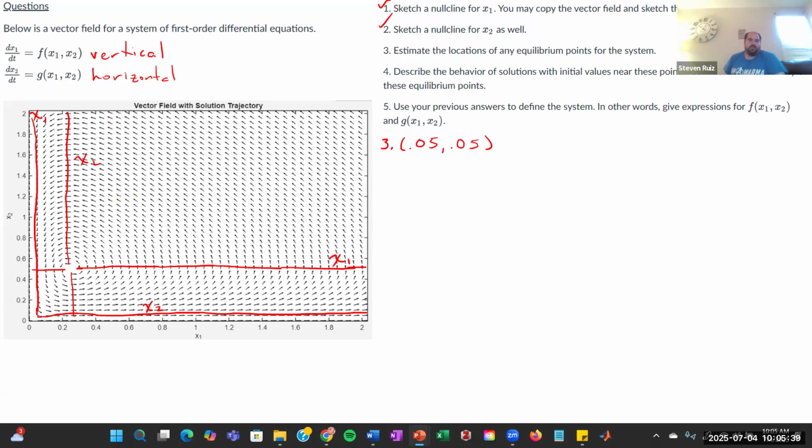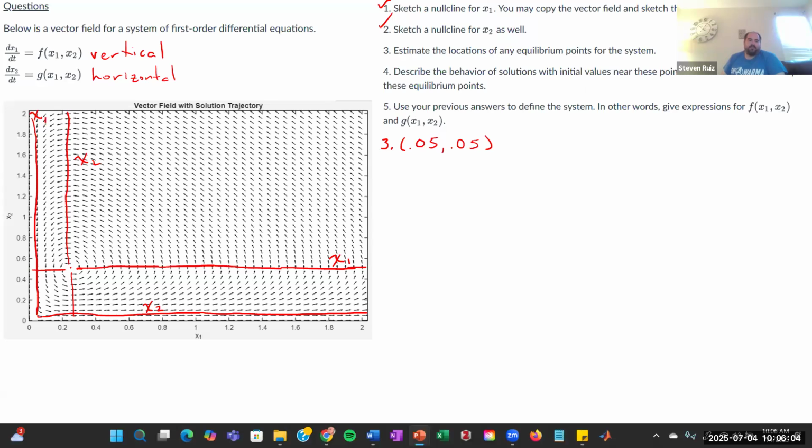What about my other x1 null cline? It crosses my other x2 null cline, but that's not an equilibrium, because for equilibrium I need both of the differential equations to be equal to 0. So I think of this white space here.